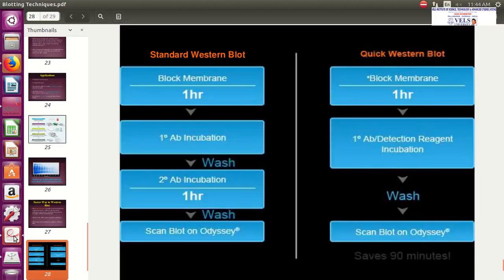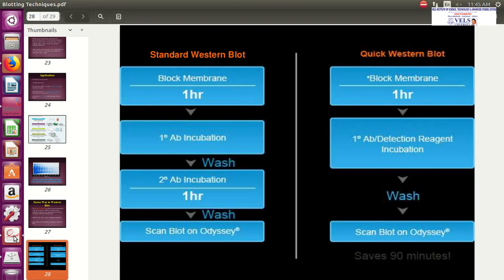The difference between Quick Western blot and standard Western blot is explained in this slide. In the standard method, it blocks the membrane for 1 hour, then primary antibody incubation. After washing the primary antibody, it goes for secondary antibody incubation, which is kept for 1 hour.